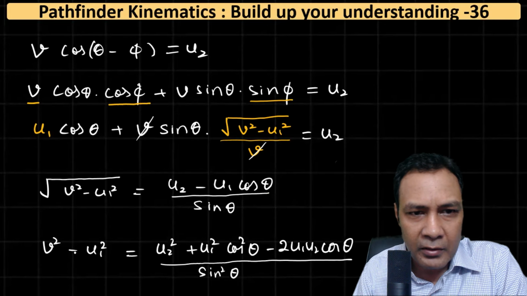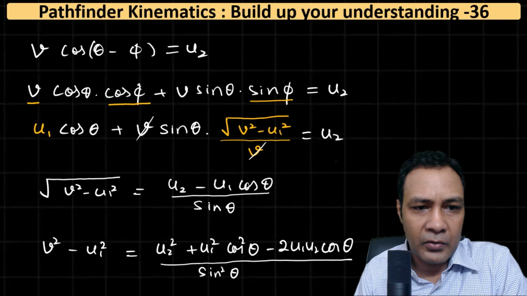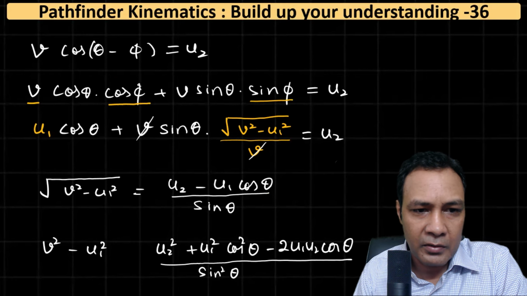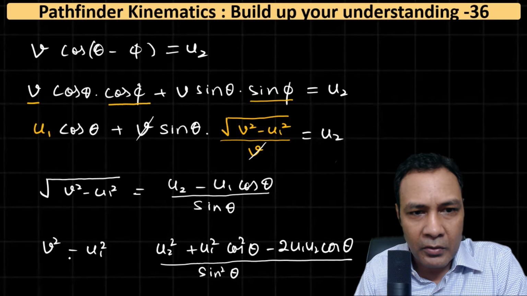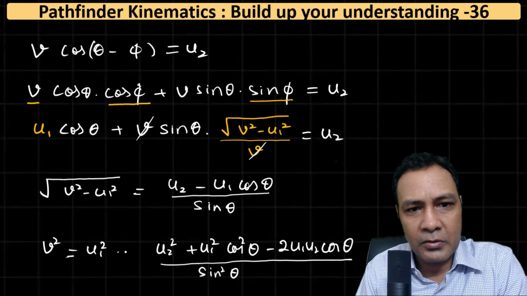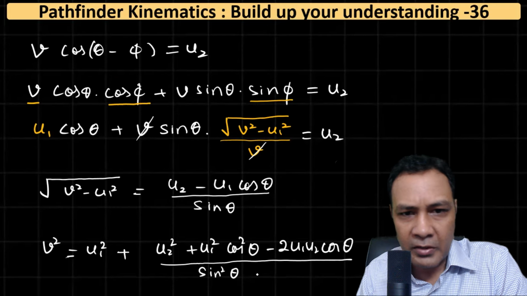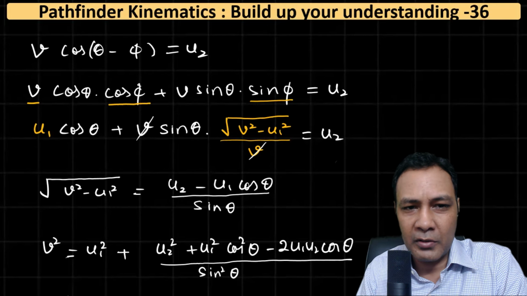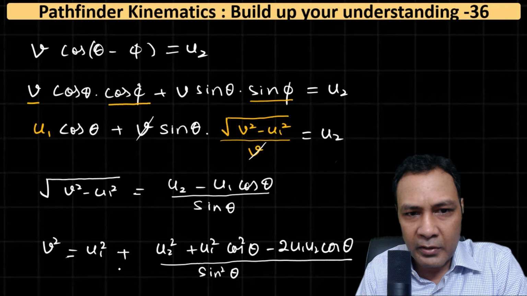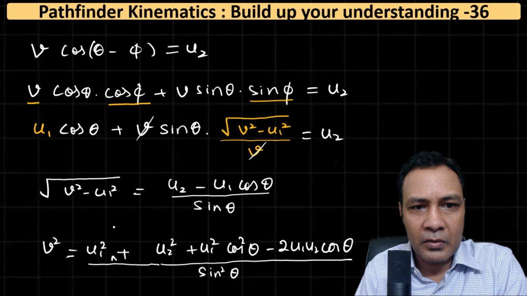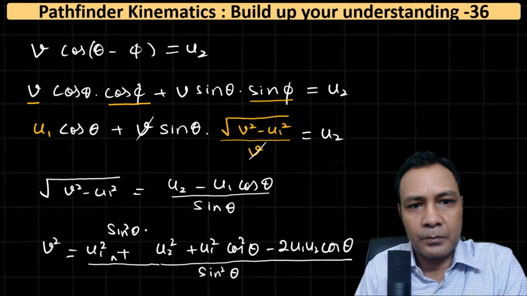I want to take that u1 square on that side. If I take sin square theta as LCM, then sin square theta will also come.